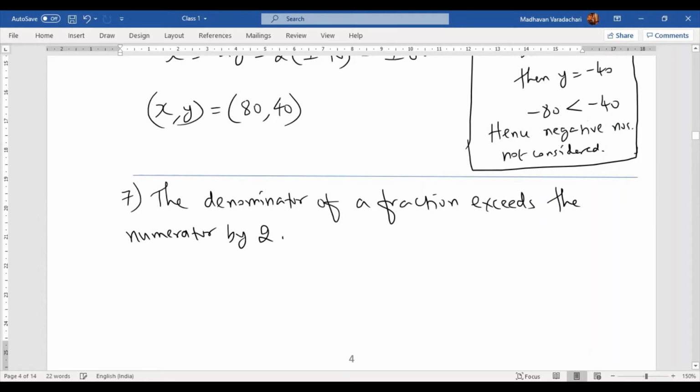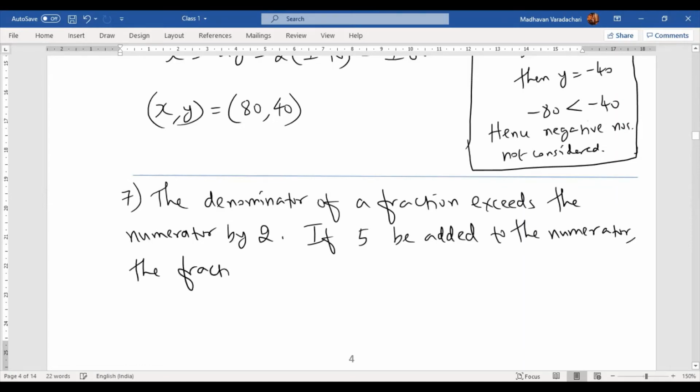If 5 be added to the numerator, the fraction increases by unity. Find the fraction.